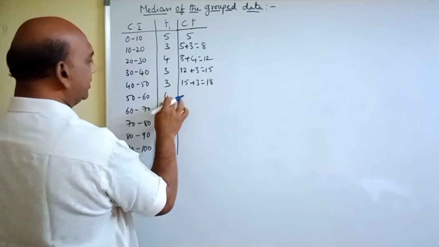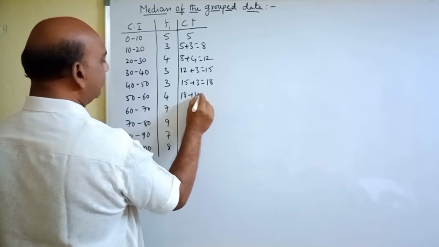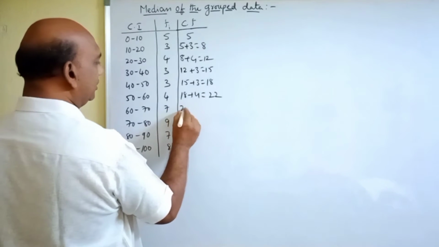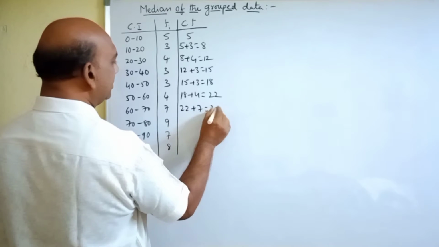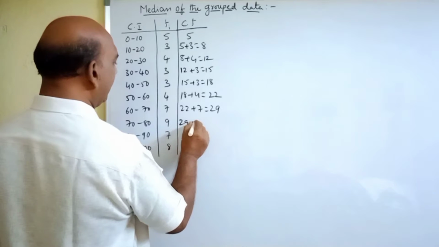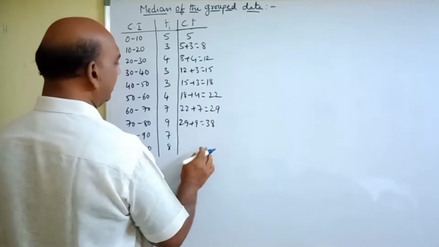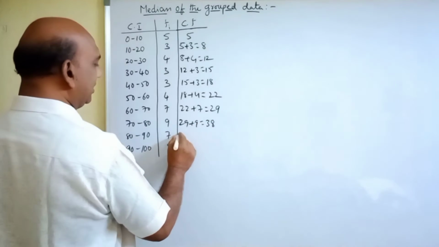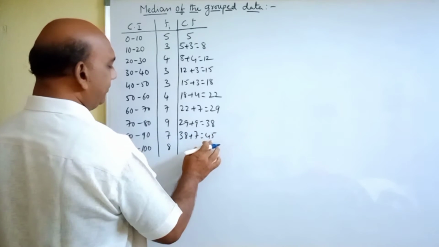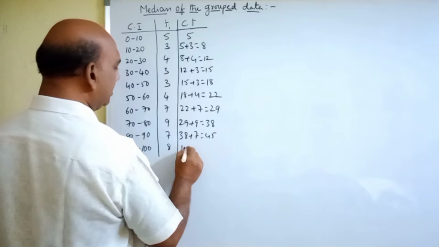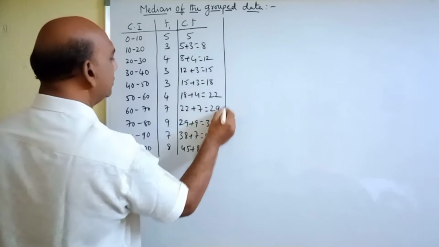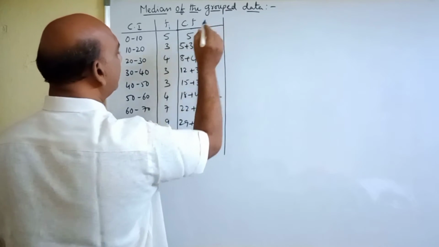To this 18 add 4, that is 22. To this 22 add 7, so 29. 29 plus 9 is equal to 38. To this 38 add 7, that is 45. To this 45 add 8, that is 53. So these are the cumulative frequencies.